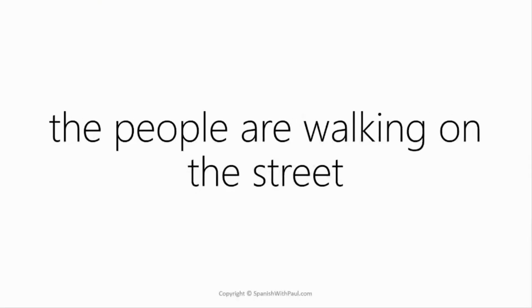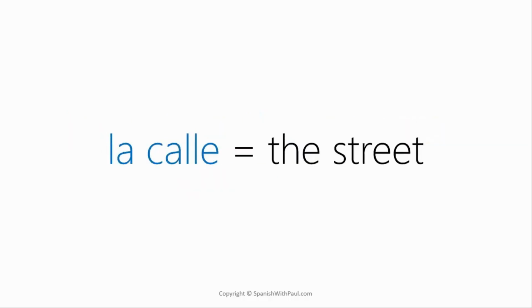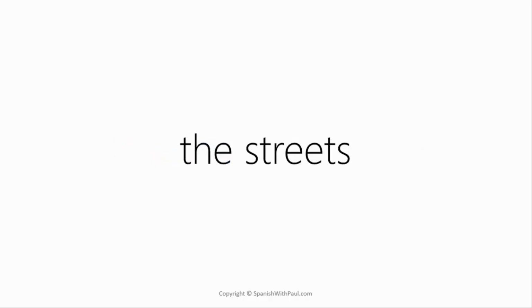How would you say now, the people are walking on the street? La gente está caminando por la calle. So here we have la calle, meaning the street. How would you say the streets?